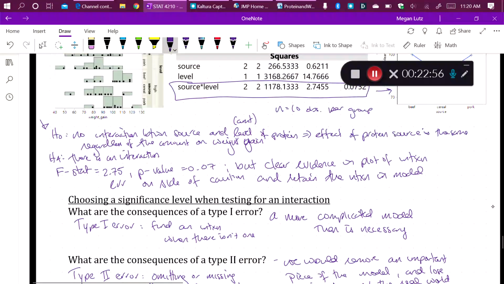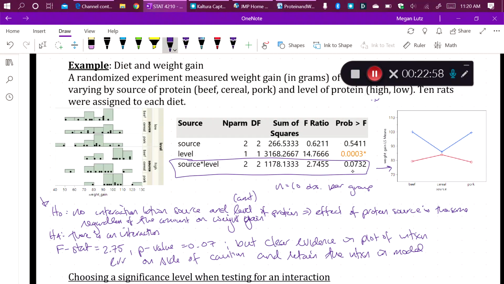We're seeing here, so if we were to use an alpha of 0.05 in this case for this interaction term, and we would say, okay, well, there's no interaction, therefore we'll omit it, we'd be missing this important piece that tells us that no, having cereal at the high level of protein actually decreases that weight gain. We'd be missing that really important piece of information.